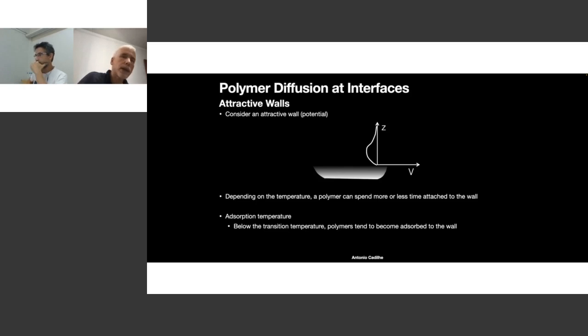But for temperatures below that transition temperature, there will always be polymers attached to the substrate. And from a microscopic point of view, these polymers don't have to be attached to the substrate all the time.